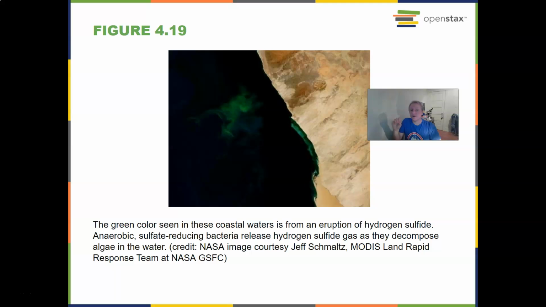In anaerobic respiration, organisms use other things as their final electron acceptor. So in this case, these, I think they're algae. Oh, they're bacteria, sorry. They use sulfur as their final electron acceptor, and it releases this hydrogen sulfide gas.